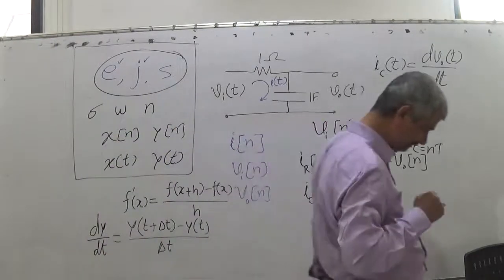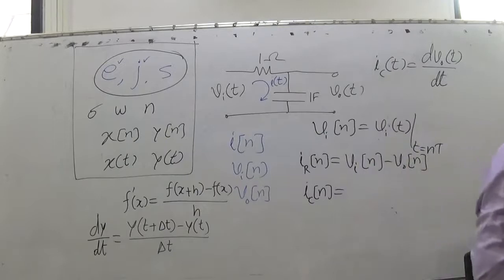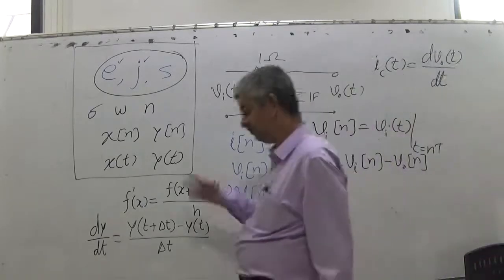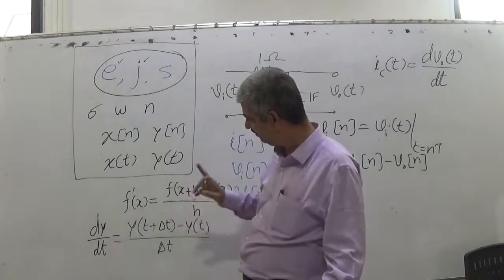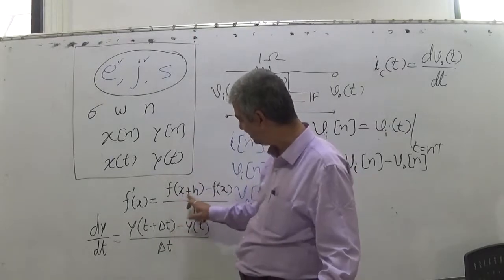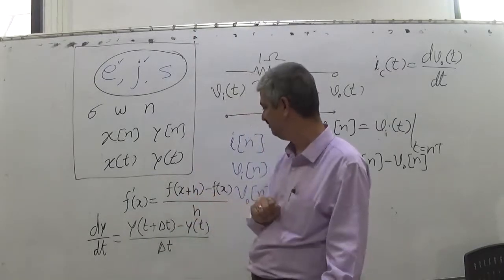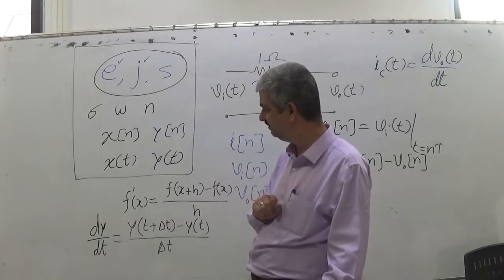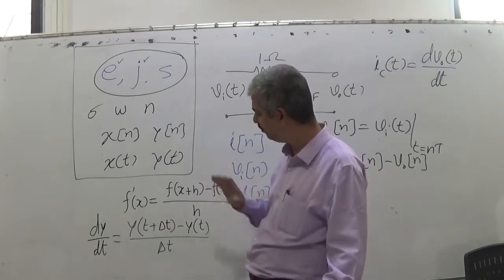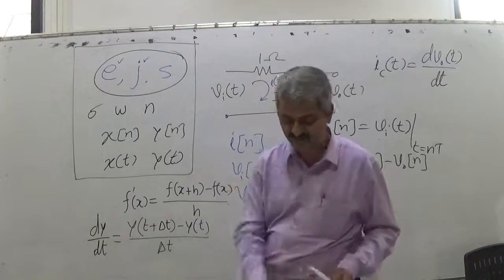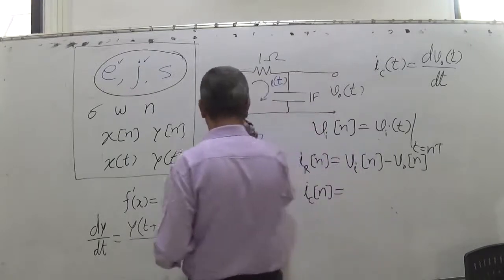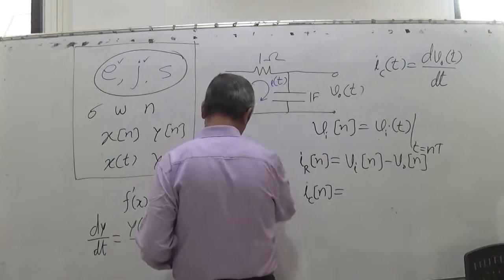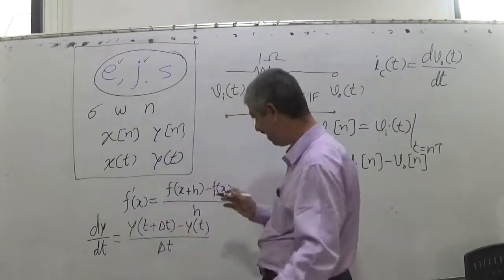The problem is, here I want one correction. I don't know why designers thought of this formula, f dash x equal to f of x plus h minus f of x upon h. In fact, I want to change this formula to some extent. It's not a major change, but it is a very required change.